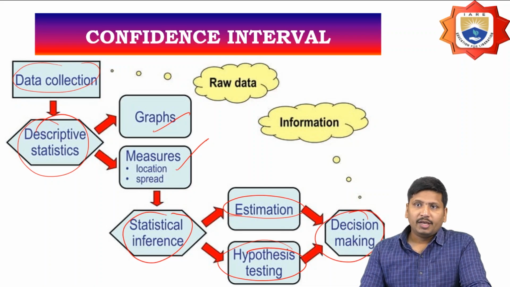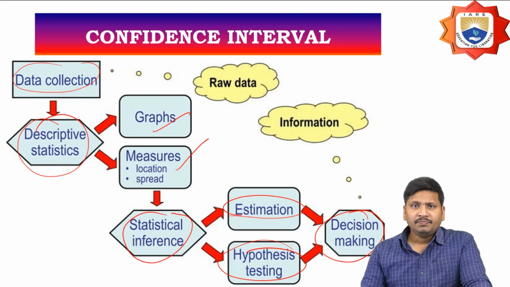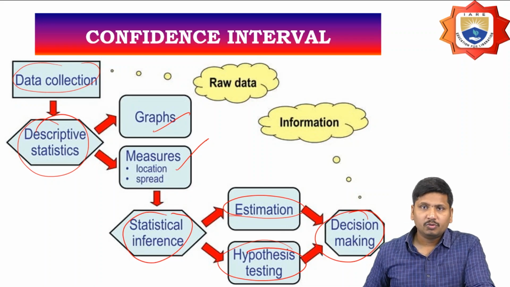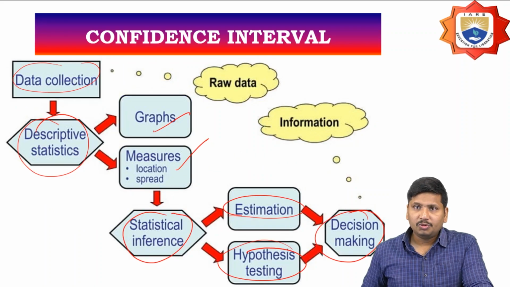So again we have to take the raw data or information. The data collection and descriptive statistics are something different from inferential. So this one is the descriptive statistics. Mainly these graphs and the measures come under descriptive statistics.